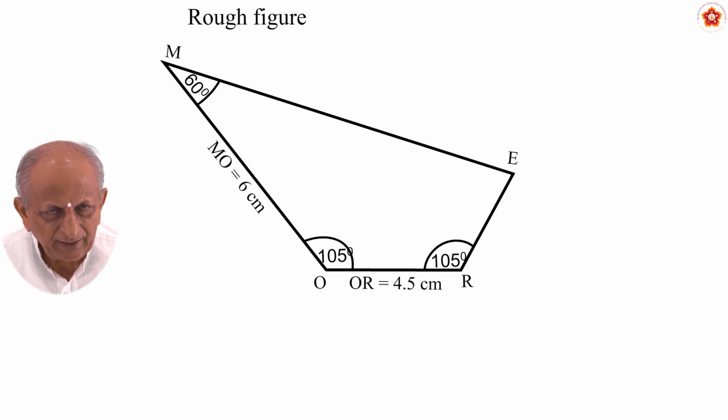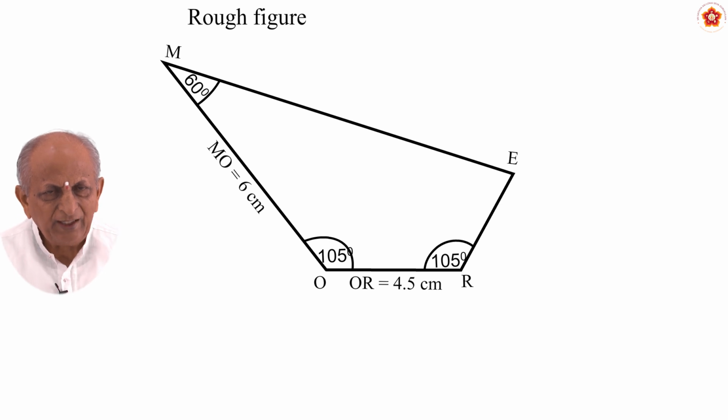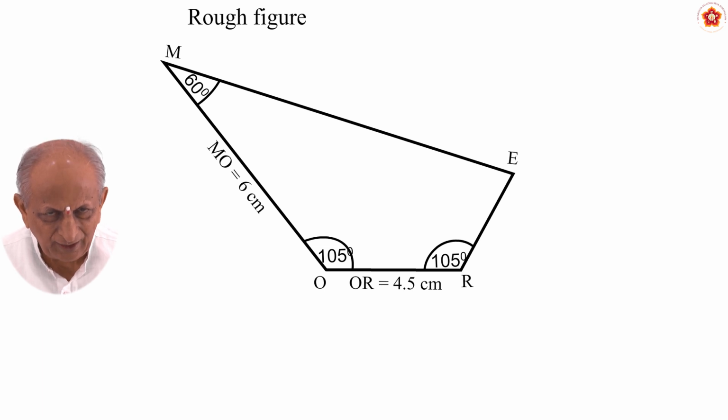And that line is called OM or MO equal to 6 centimeters. 105 means what type of angle it is? Come on. Yes, it is obtuse angle. Means more than 90. Correct? So, draw a line OM equal to 6 centimeters.